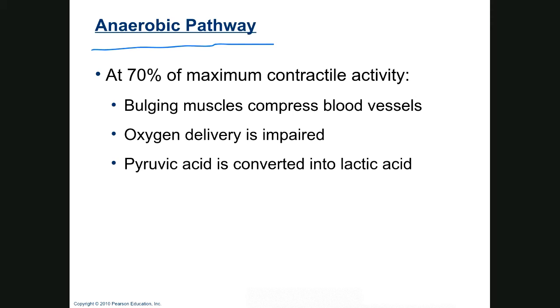Once you get to a very high level of contractility, 70%, the bulging muscles actually compress blood vessels and impair oxygen delivery, and so pyruvic acid in the muscle will be converted into lactic acid and energy is released. So you just break pyruvic acid down into lactic acid.